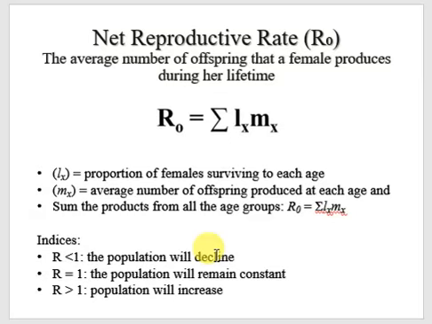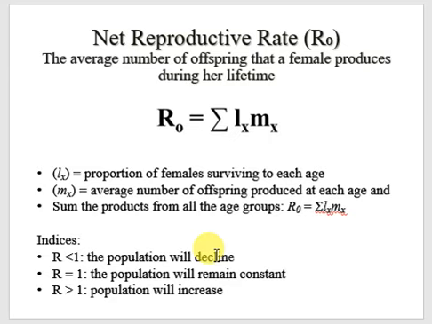So to start, the information that is probably of the utmost importance is understanding net reproductive rate. Net reproductive rate represents the expected average number of female offspring which a newly born female will produce during her lifespan.